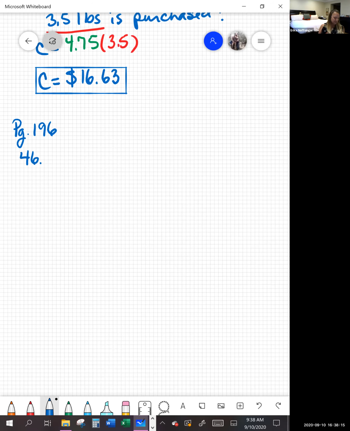So the maximum safe load of a beam. I don't know what variable you want to let that be. Maybe let that be equal to M for max.